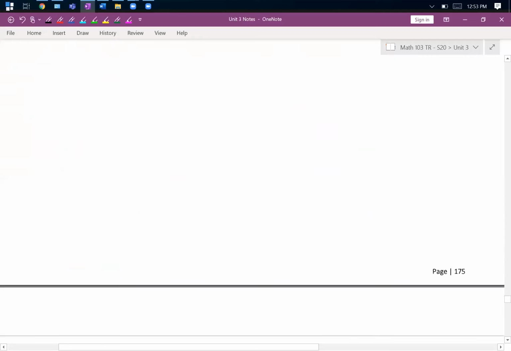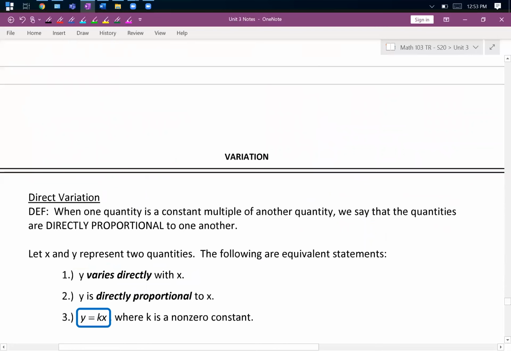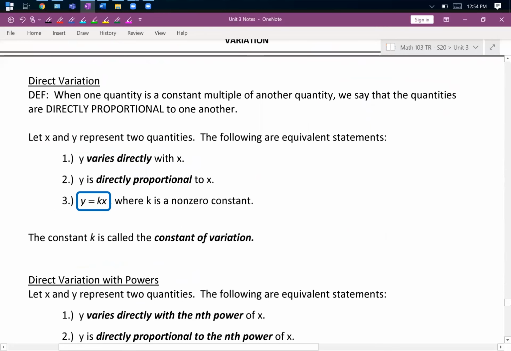All right, moving on to variation. I think this is the easiest section in the book, in the course, personally. All right, so we have 2 different kinds of variation that we're going to talk about, direct and inverse variation. When one quantity is a constant multiple of another quantity, we say the quantities are directly proportional to one another.